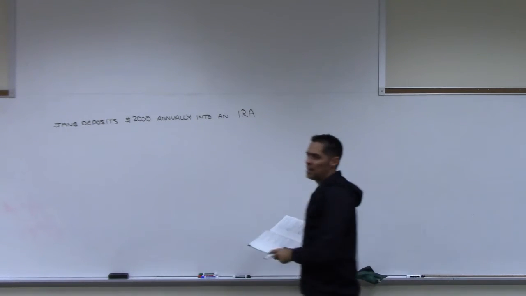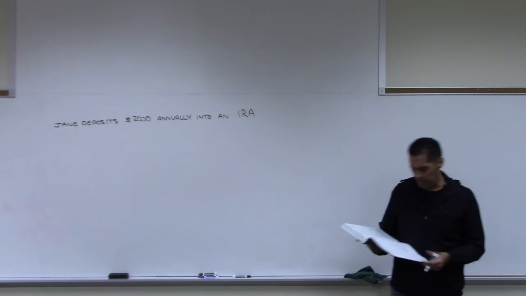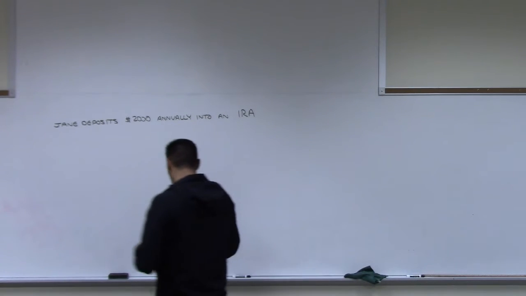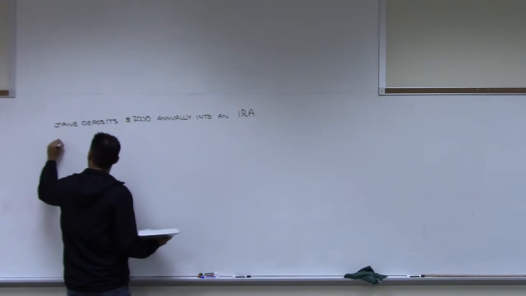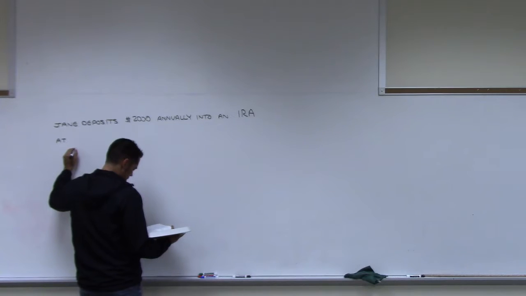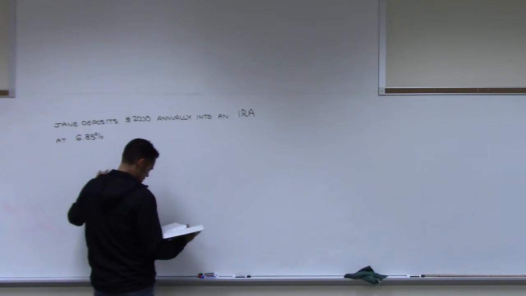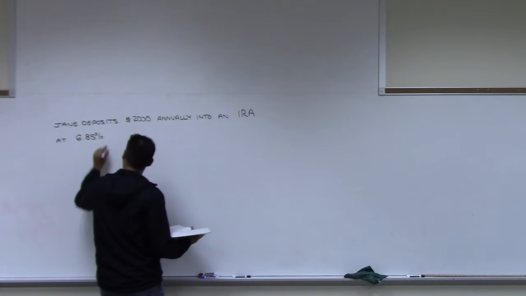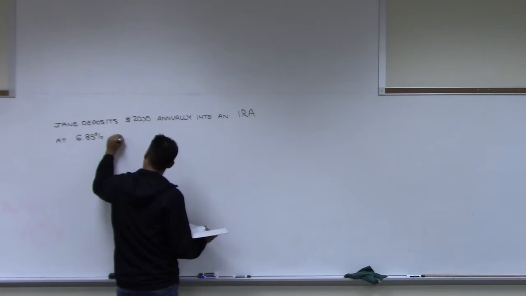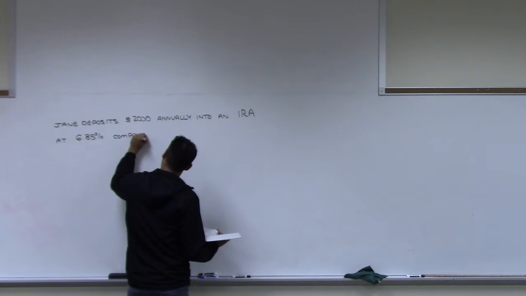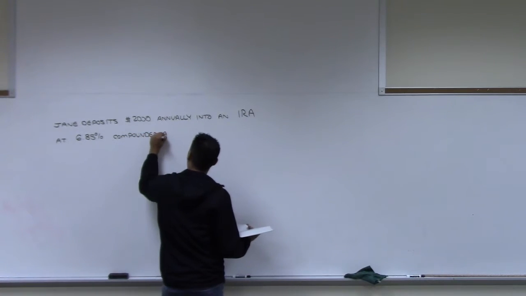An IRA is just like an investment account that earns interest for you. At 6.85% compounded annually.